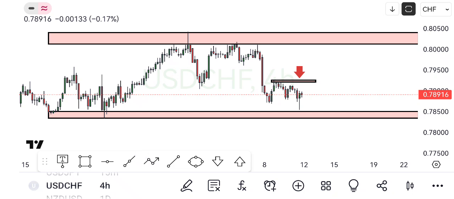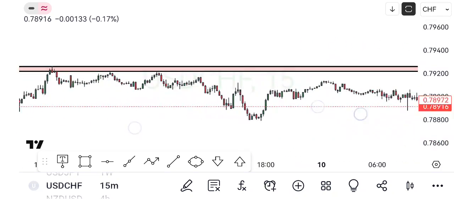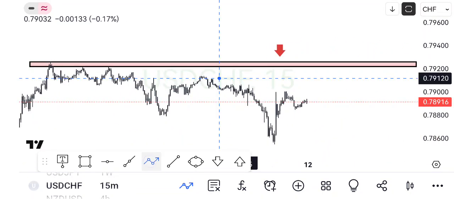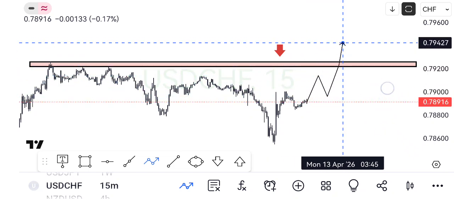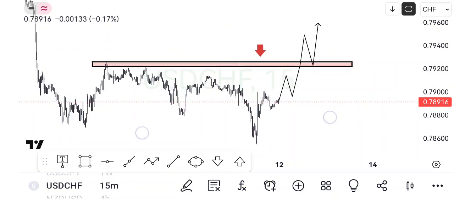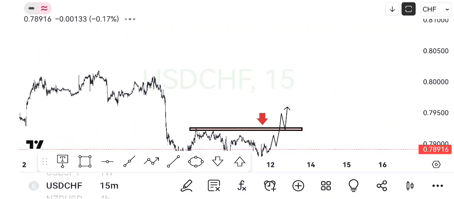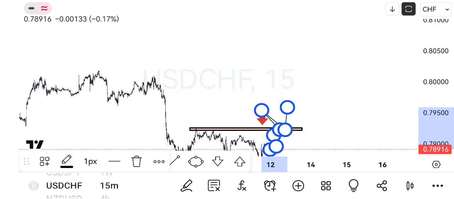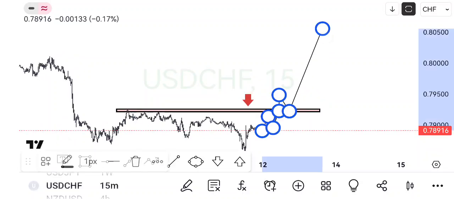So the way I would go about entering from 15-minute time frame or 5-minute time frame is that I will wait for the price to come up, break out of this area, come back right here, so that I can look for buying opportunities, and then the risk to reward will be a very good one, because my trade will look something like this, right?